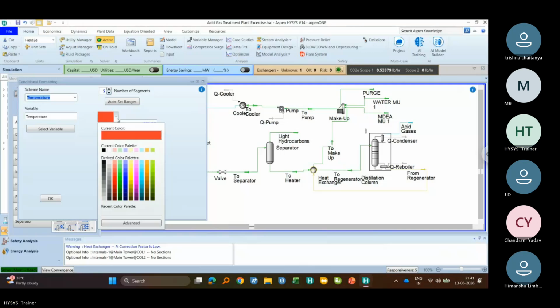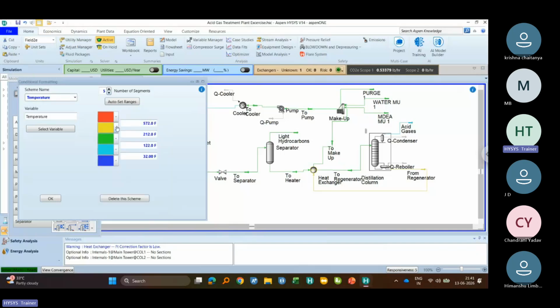Suppose I want the process lines having a temperature between 185 to 213 to be shown with red color.